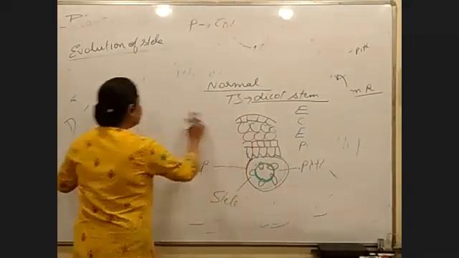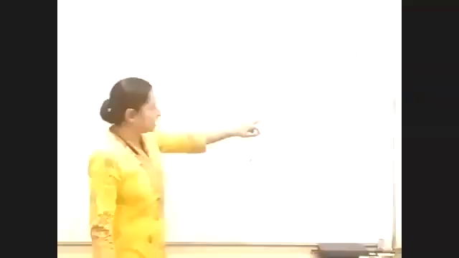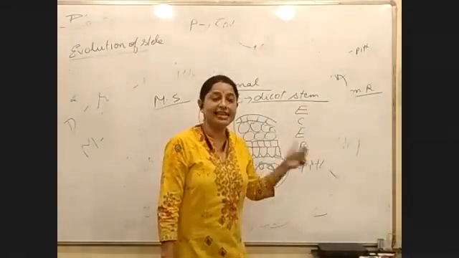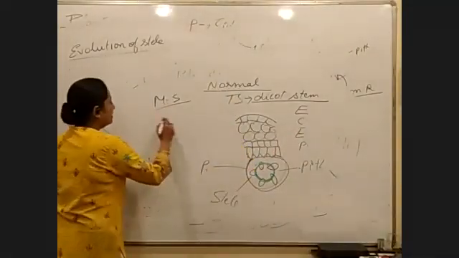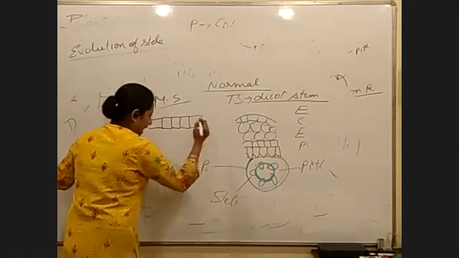But in case of a monocot stem, we do not see this sequence. If you cut a section of the monocot stem, what you will see is the outer layer, that is called the epidermis.